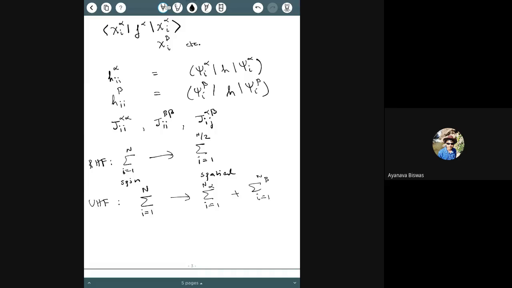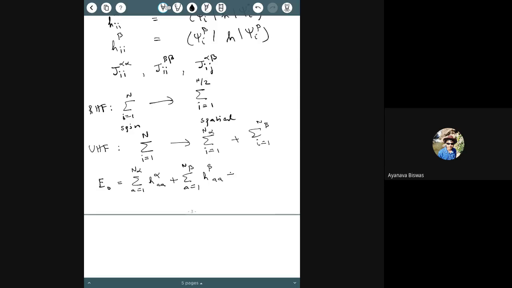The energy expression, of course, looks again slightly different, like the Fock operator. So there you have this sum A equal to 1 to n alpha, H alpha AA, plus A equal to 1 to n beta, H beta AA, plus you have, okay, I'll write it on the next page.